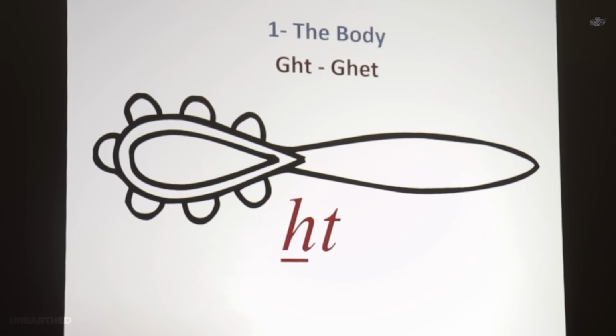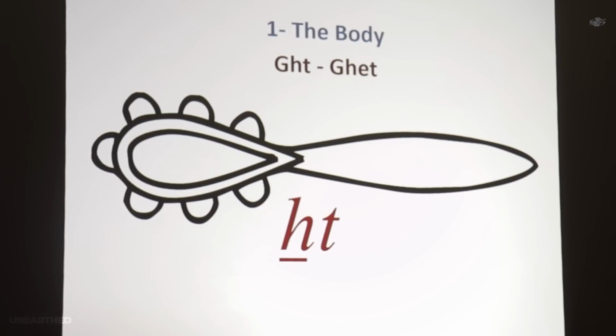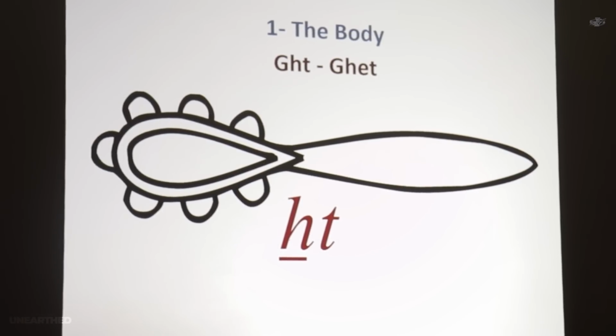Number 1, the body, we call it get. The actual word according to the hieroglyphic way of pronunciation is get. I also agree it is get, because we still have a word in the Arabic language, getta or gotha, which means the body or the corpse, exactly.